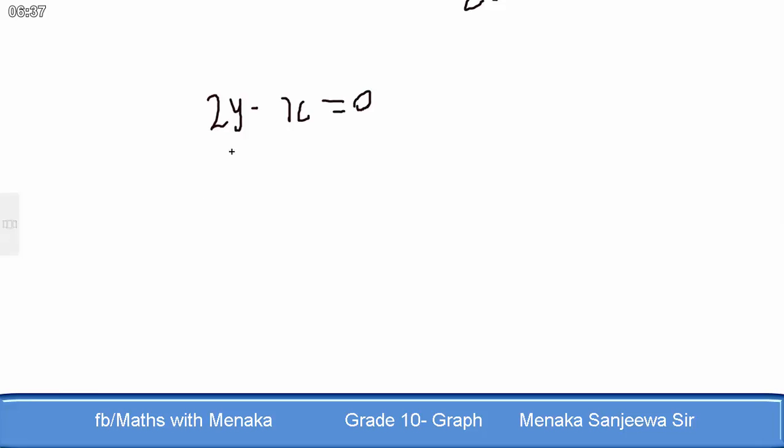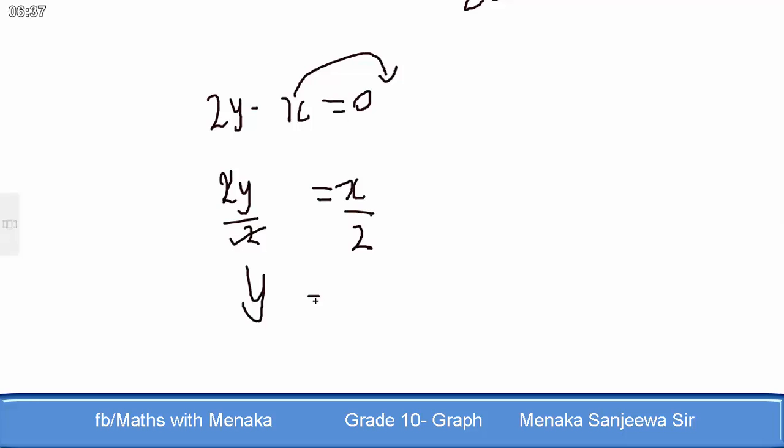No, you have to make y the subject. To make y the subject, you have to move x to the other side first. Then it becomes 2y equal x. Then divide both sides by 2. Then you can cancel those. Then y equal x over 2.